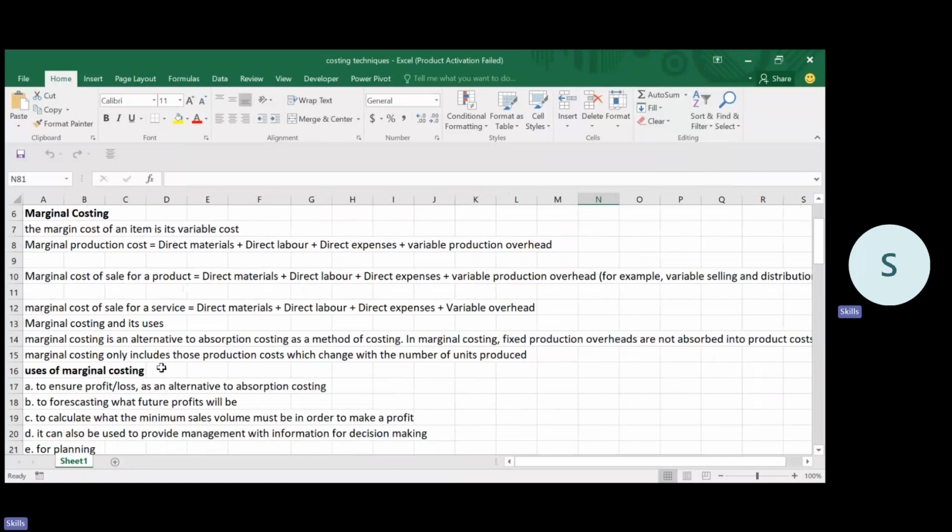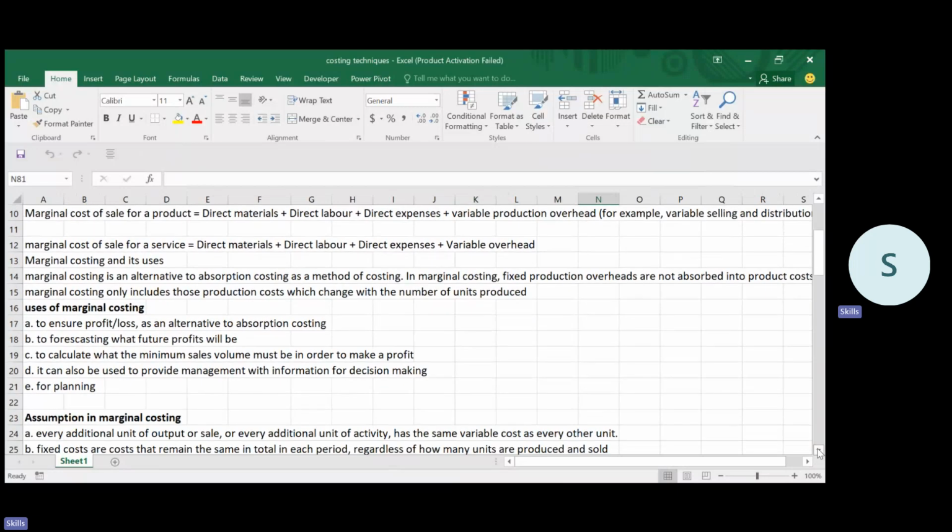Then the uses of marginal costing. One, to measure profit or loss as an alternative to absorption costing. You use marginal costing to determine the profit or loss, and this comes as an alternative to absorption costing.